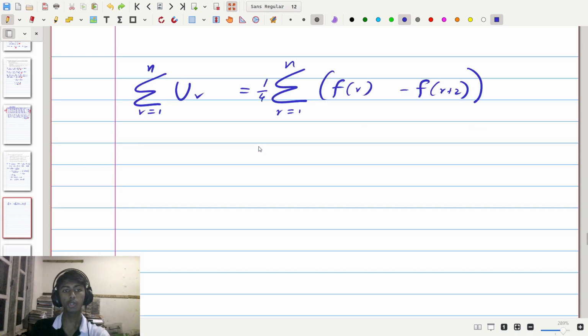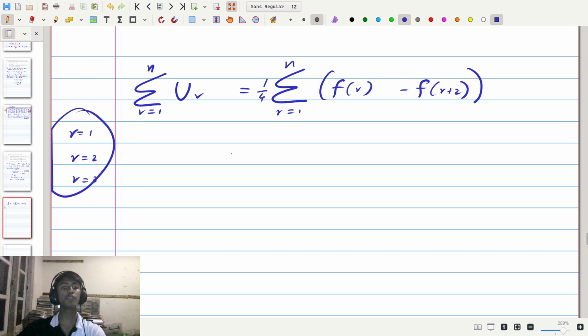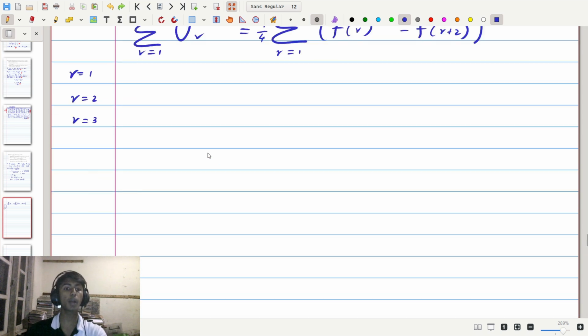Now to solve this, what we have to do is to consider different values of r and just write down a few terms, and then we'll see when we write down a few terms that some of these terms are cancelling out. So I'm going to write the first few terms of r equals 1, r equals 2, r equals 3, and actually that's enough for now. We can write down the first few terms and then draw a couple of dots to say that there are some in between terms. And then let's draw the last few terms.